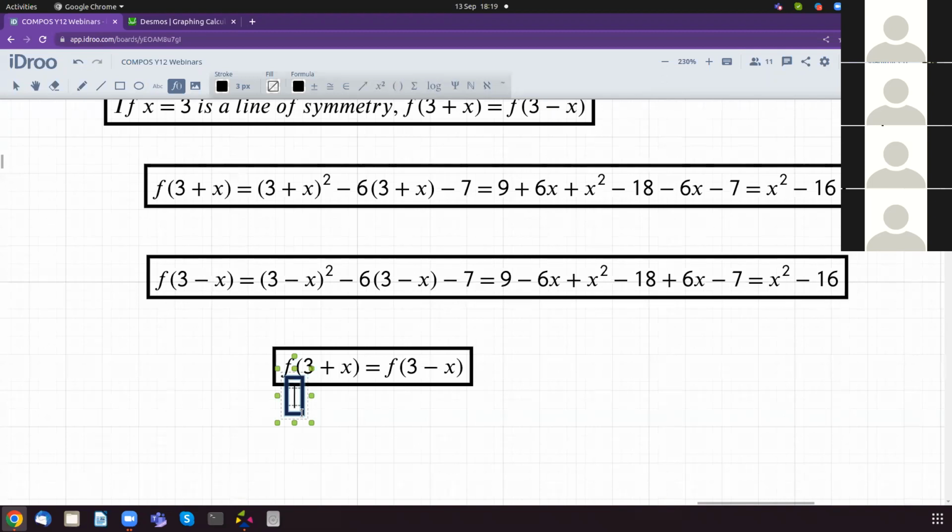That's what I was explaining previously. You need to prove that a parabola has a line of symmetry. So you can't use the fact that the parabola has a line of symmetry to prove that the parabola has a line of symmetry.